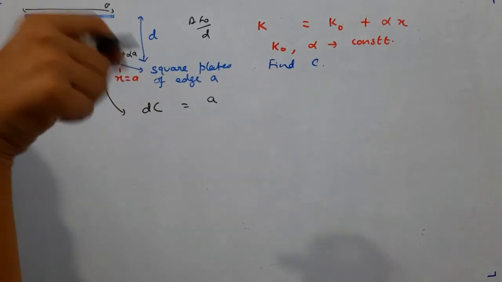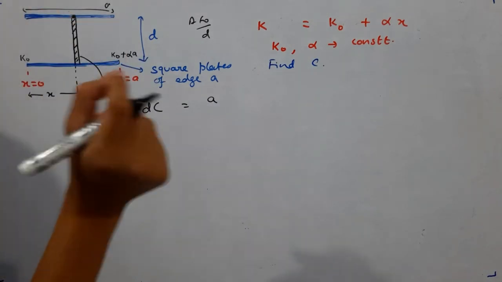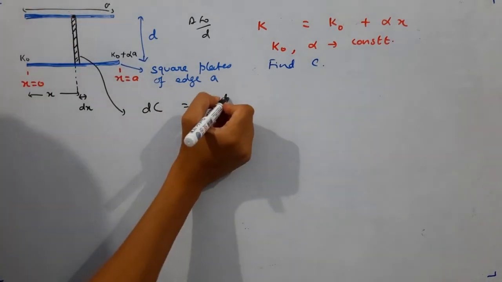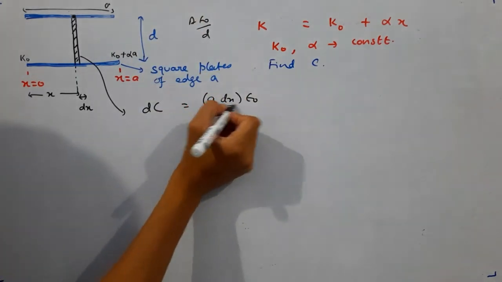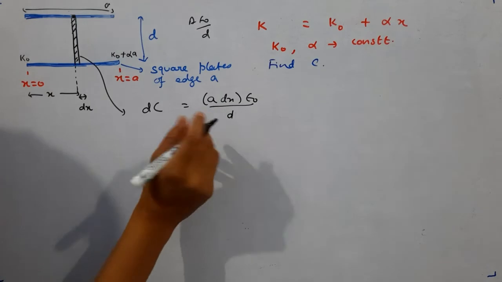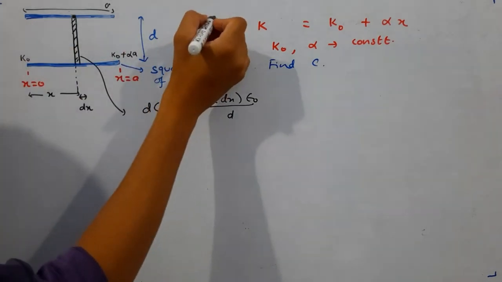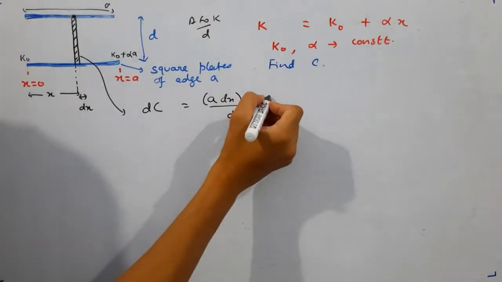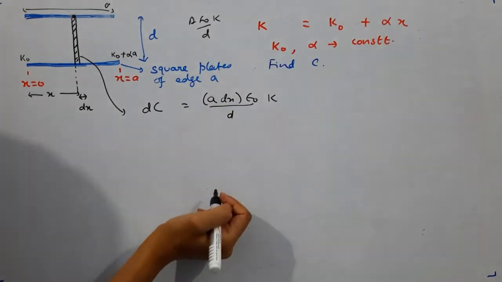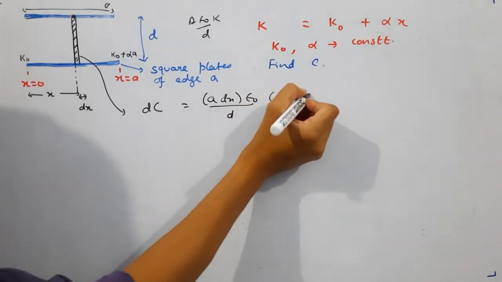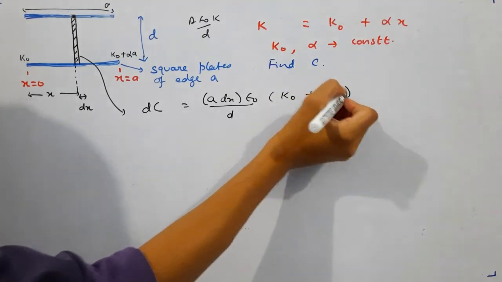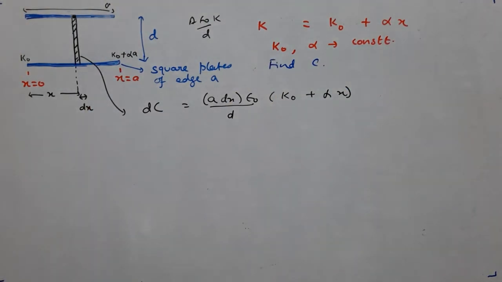So this length is A and this thickness is dx. So A dx is the area. Epsilon naught, then by d. Now this is not vacuum, so we have to put the value of k. And how much is k? K is k naught plus alpha x. So instead of k, I'll put k naught plus alpha times x. So this is the capacitance of that particular element.